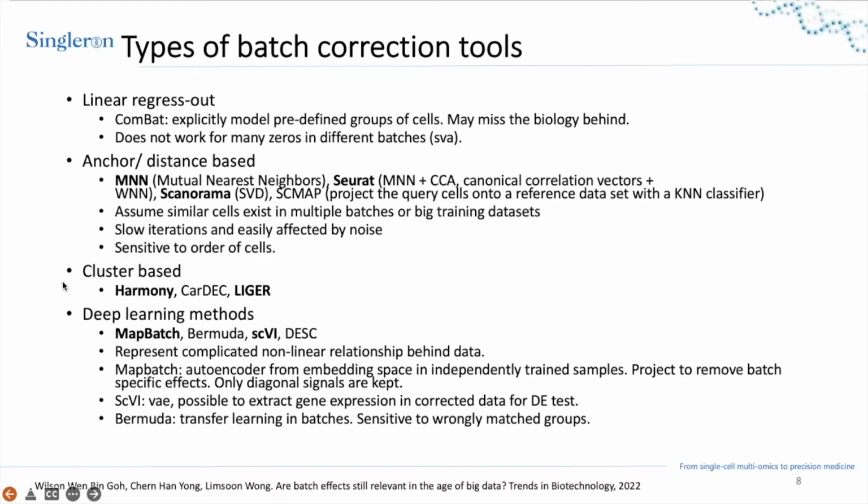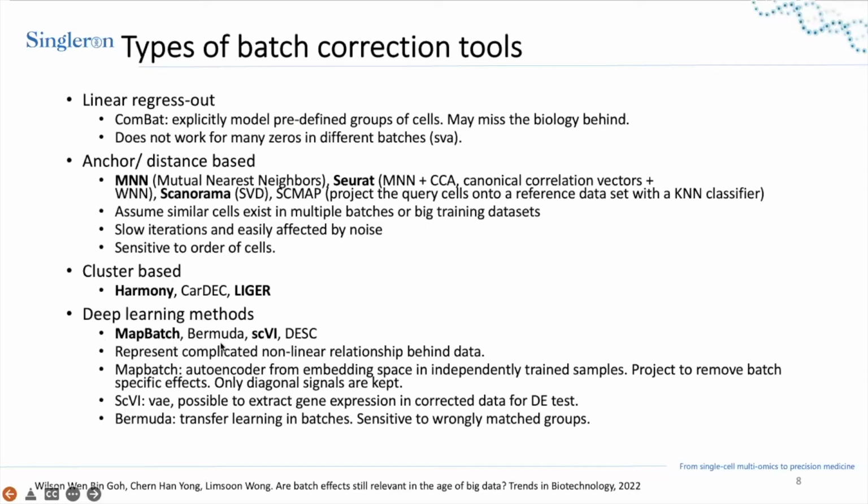Another group of batch correction methods is the cluster-based methods. Both Harmony and LIGER belong to the cluster-based methods, where the clusters are created and corrected using iterations of calculations. And the more recent ones are the deep learning methods. A lot of these tools make use of autoencoders to try to infer the correct counts from the input samples.